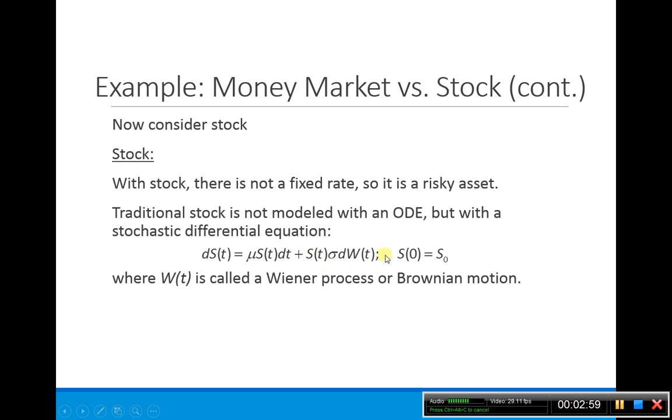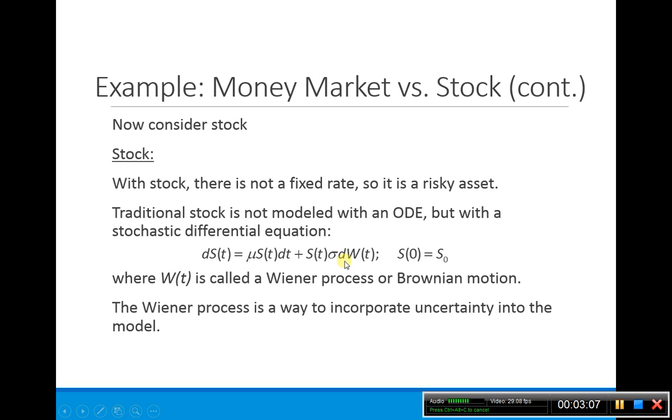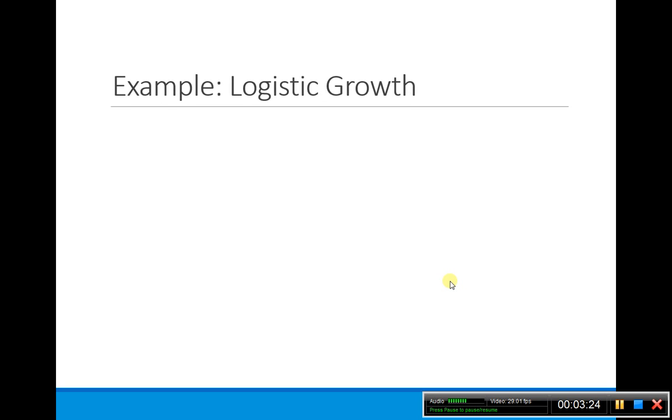But it also has this other part, where the W is called a Wiener process or Brownian motion. This is the part that adds the uncertainty into the model. If I say Wiener process or Brownian motion, in this entire module, they're interchangeable. Some people call it a Wiener process, some people call it Brownian motion. It's the same thing.